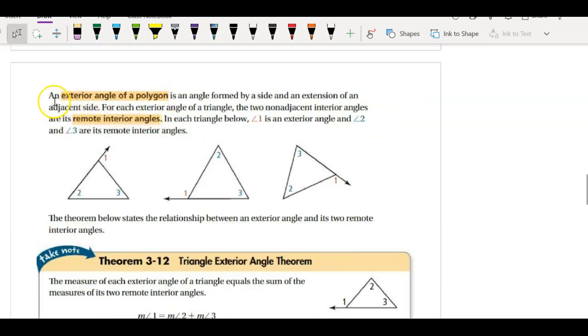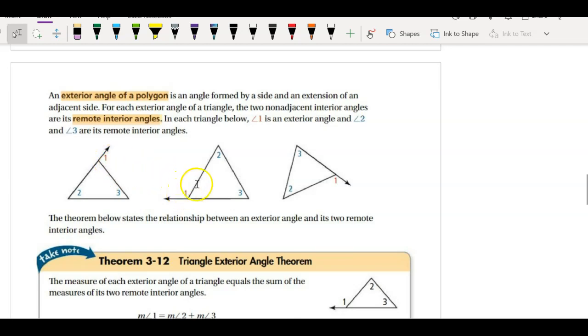Okay, so the next thing we have is a little bit of terminology. The exterior angle of a polygon is an angle that's formed by a side when you extend it, like on this one. Angle 1 is an exterior angle. The two non-adjacent angles, 2 and 3 in this case, when you add those up, are going to equal the value of angle 1.